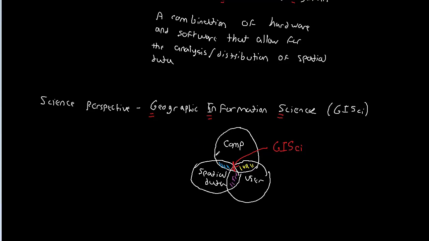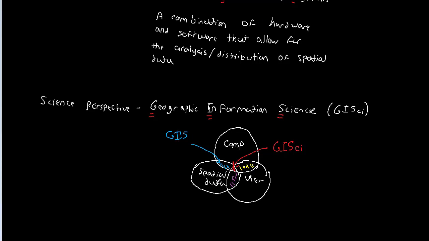If we look just at the overlap between the computer and the spatial data, this right here is the GIS from the hardware perspective. This is what we think of when you talk about, oh, I'm going to learn how a GIS works. You're learning how a computer interfaces with the spatial data.